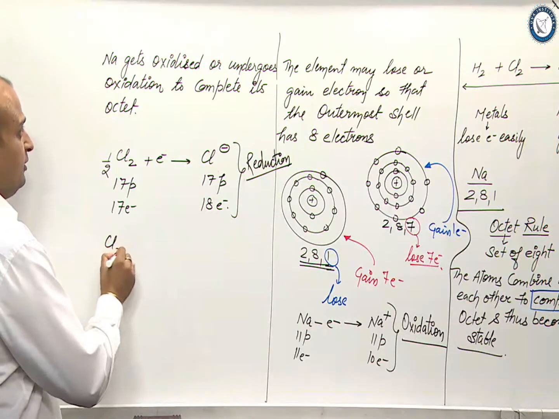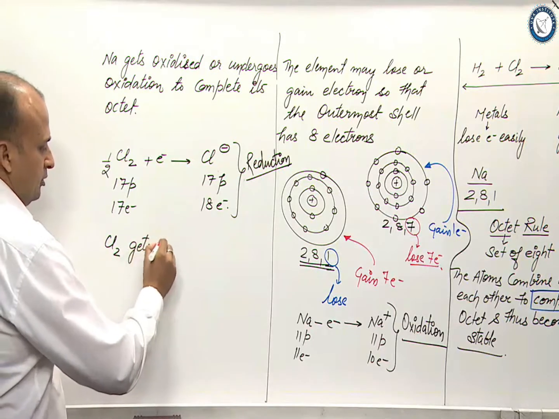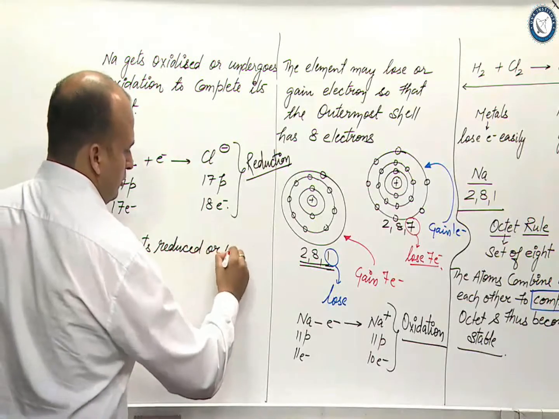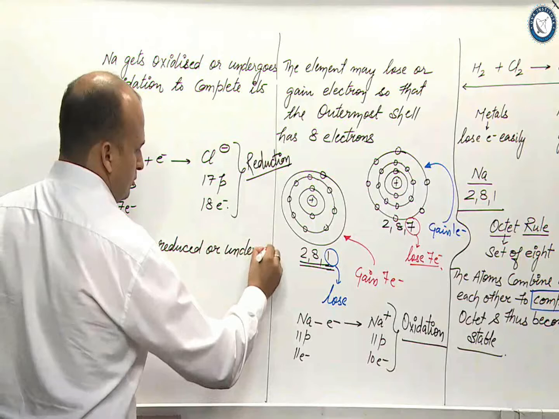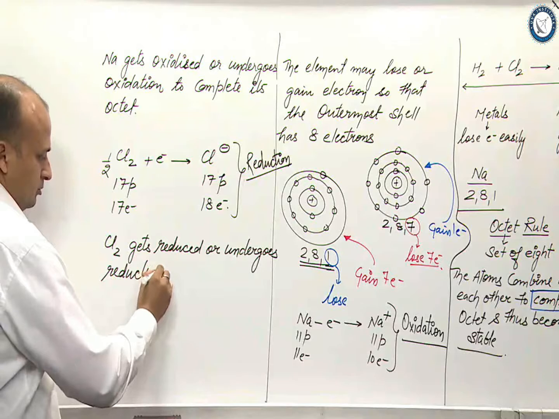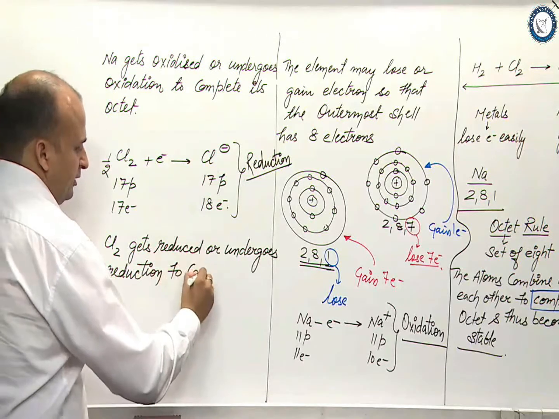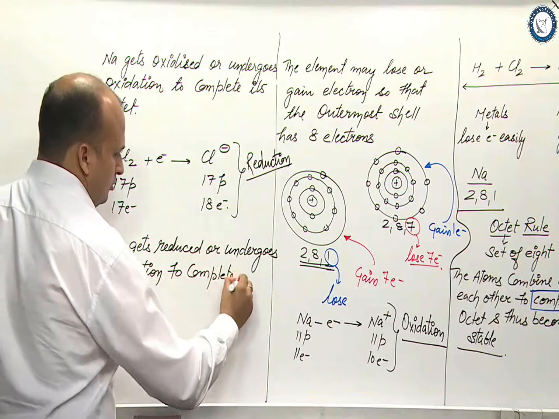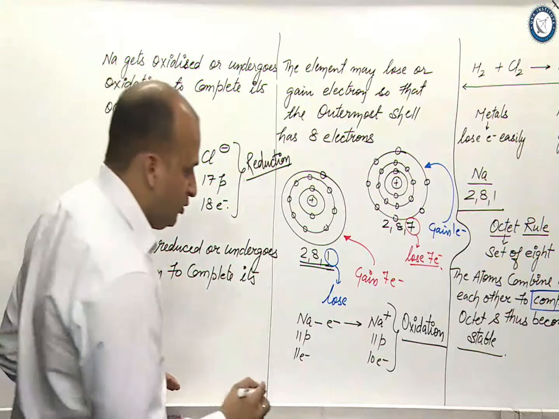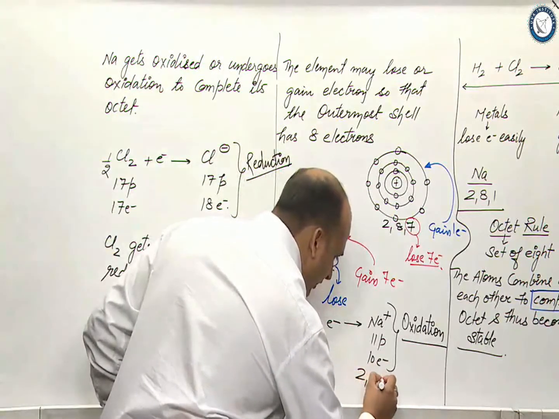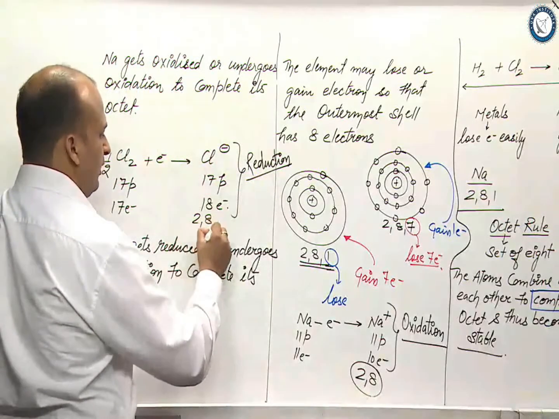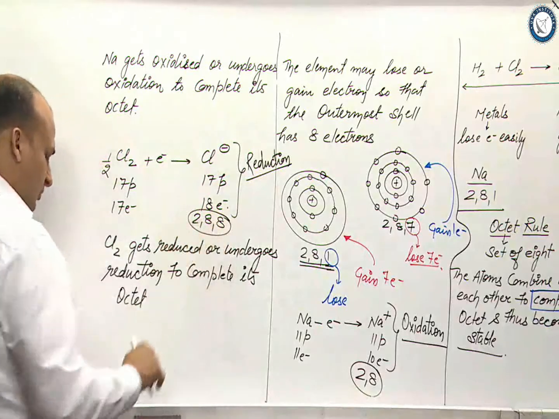So we are saying that chlorine gets reduced or undergoes reduction to complete its octet. As you can see over here, sodium is now 2, 8, and the outermost shell is complete. Here you have 2, 8, 8, and the outermost shell is complete.